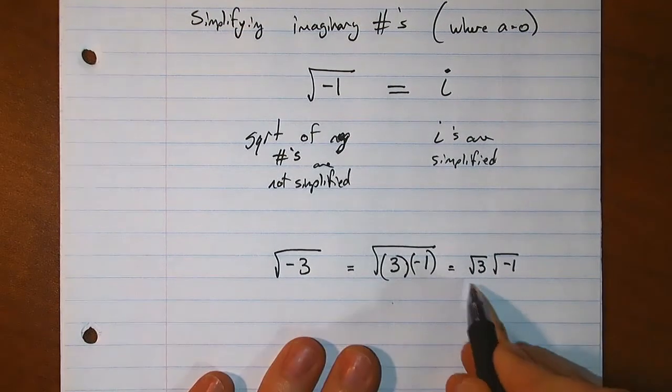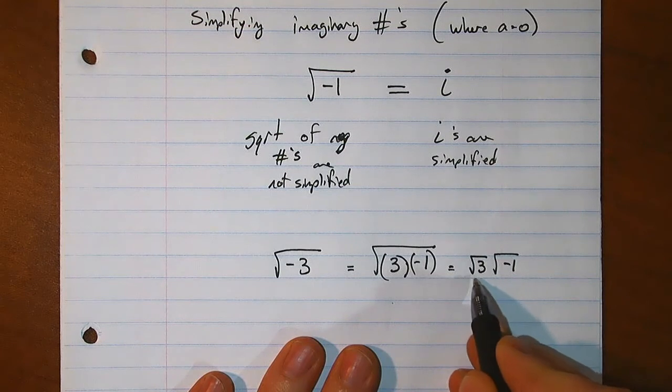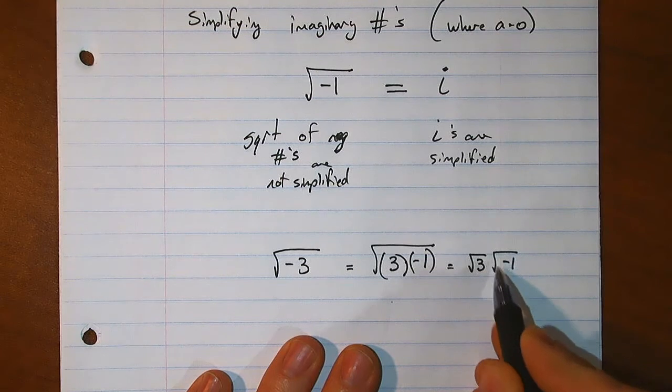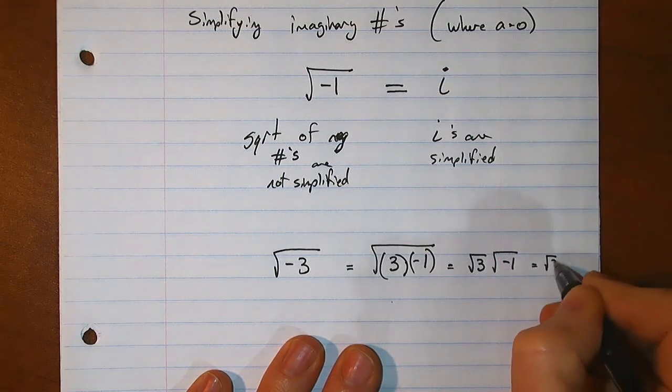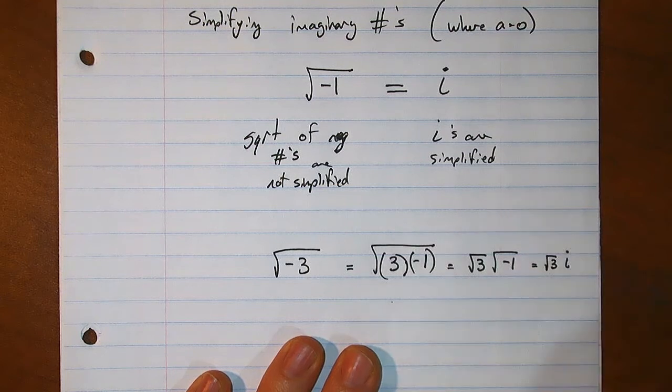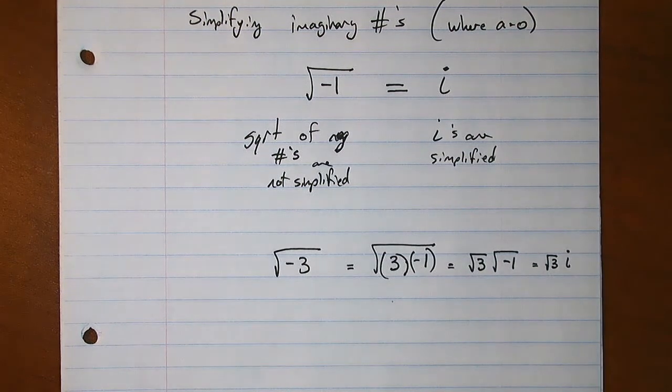And so now you have something that's like a normal, regular, real number, the square root of 3, and you have something that becomes imaginary. So we'd have the square root of 3 times i. And so this is the idea for simplifying. Now it does get more complicated, and in the next video, I'll also write down a basic procedure that you can follow, but this is the general idea.